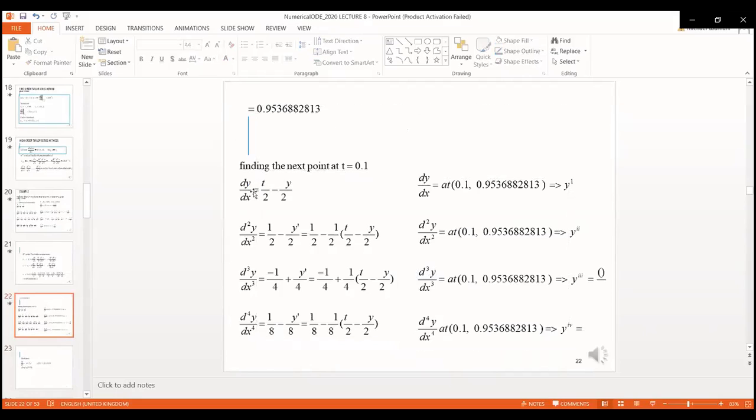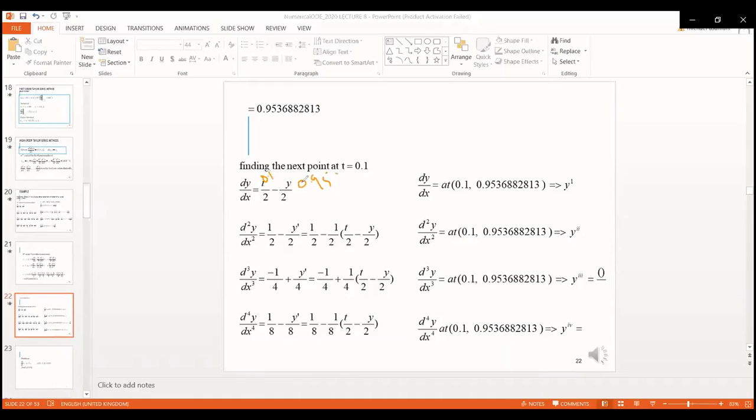Those are the equations you'll be using throughout. So all you need to do is substitute your y1 value, because now your y1 is 0.953, and your t is now 0.1. It is increased with the step size. So you substitute it into your y prime, y prime prime, y prime prime prime, and y iv. So this time you put 0.1 here, so we have 0.1 over 2, and then 0.9538, and the rest.